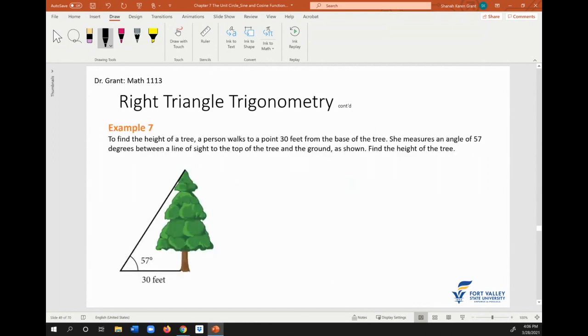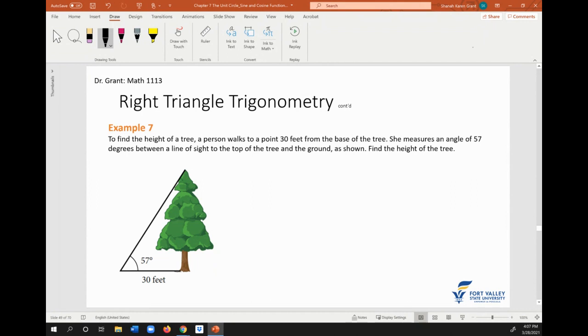So for instance, here we want to find the height of a tree. A person walks to a point 30 feet from the base of the tree. If we draw a tree, you'll just have your line to say, oh, she walked 30 feet. She measures an angle of 57 degrees between a line straight to the top of the tree and the ground as shown.